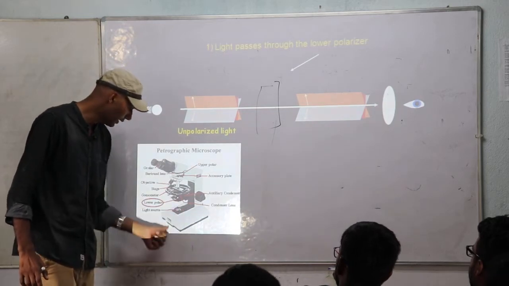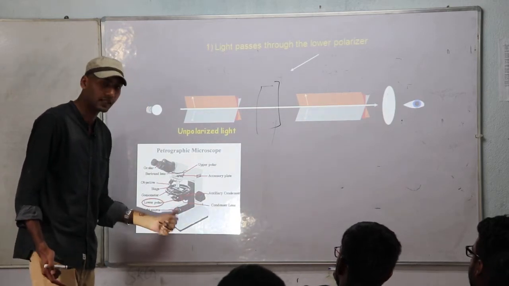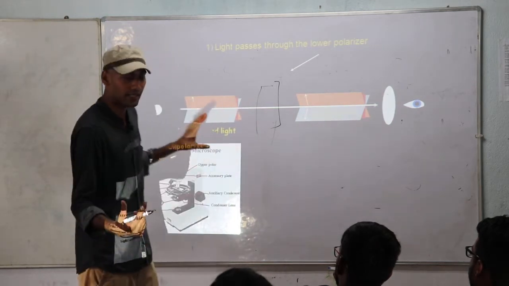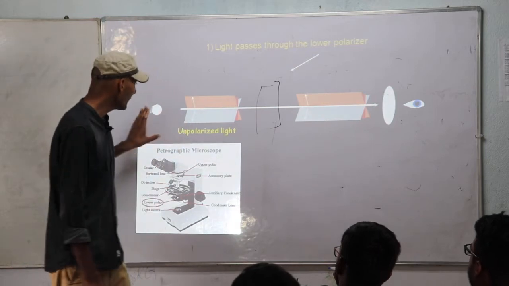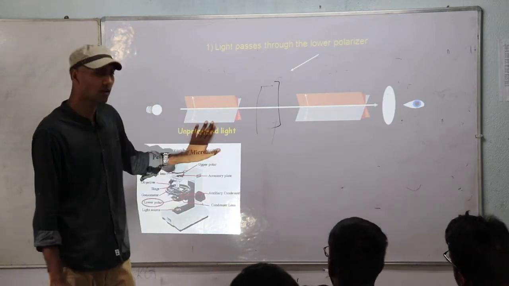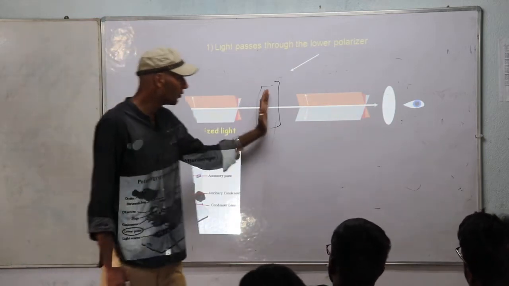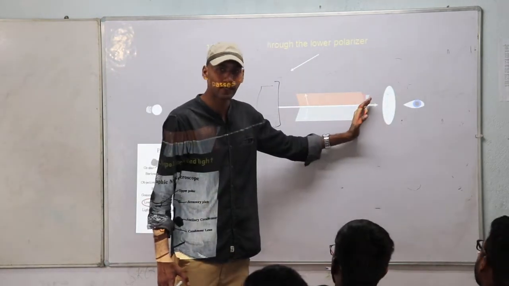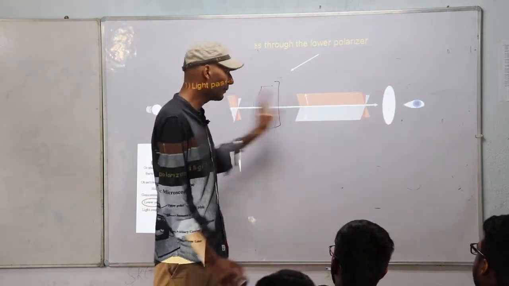Here it is the illuminating source, the source of light. So what happens, we are providing white light, that is unpolarized light, and if there is no mineral on the stage, we can see the unpolarized light ray, white light. Okay, same way we can see.